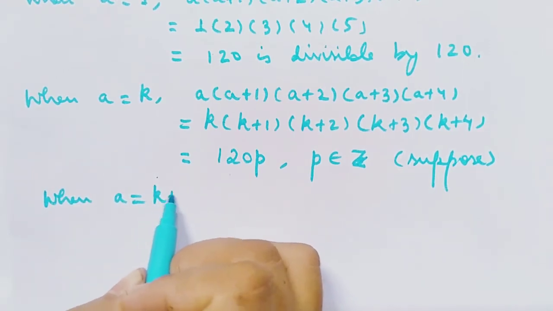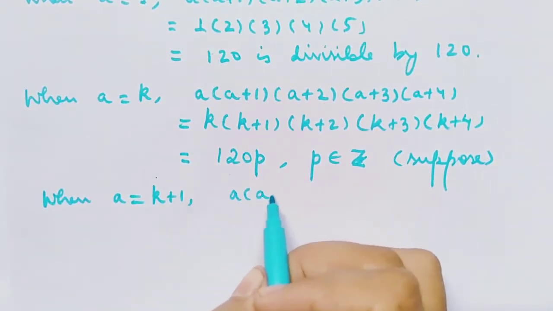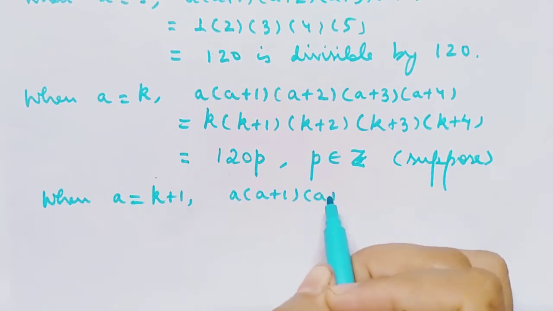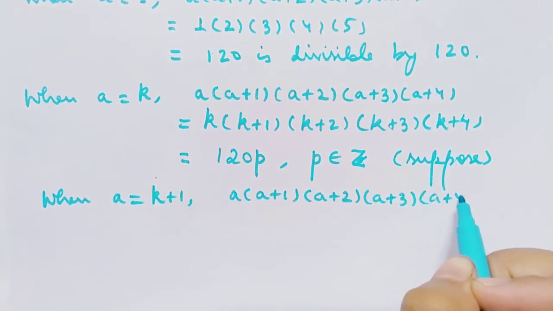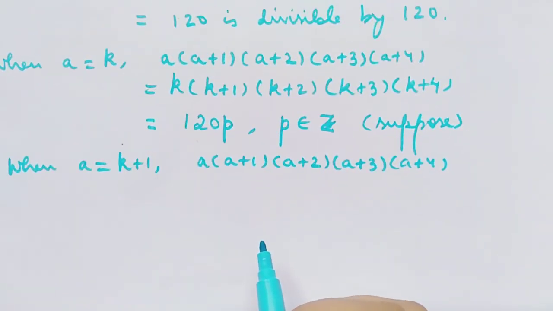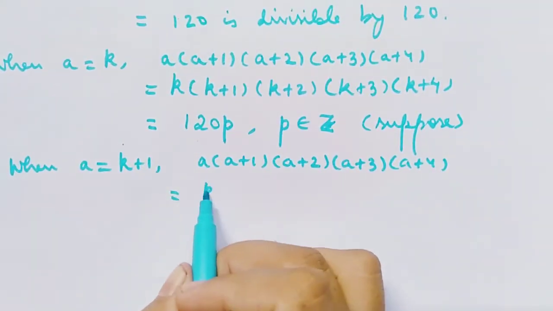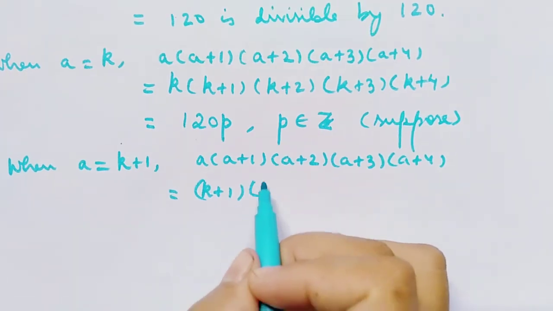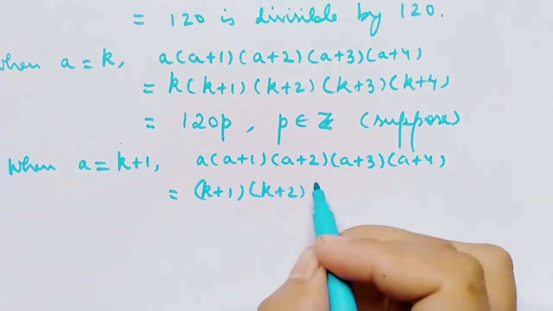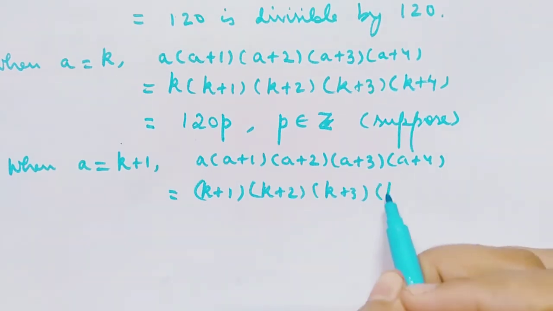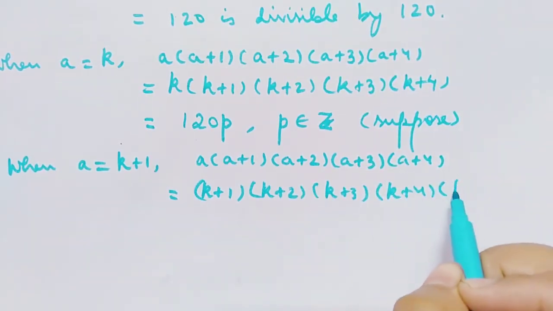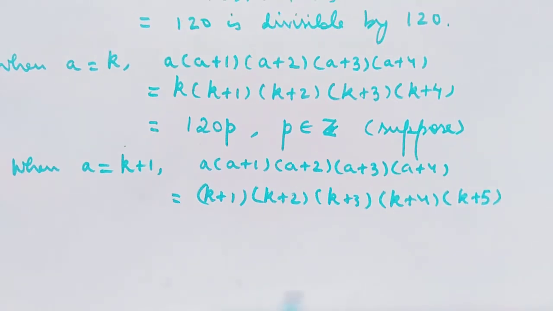Now when a is equal to k plus 1, we have k plus 1, k plus 2, k plus 3, k plus 4, k plus 5.